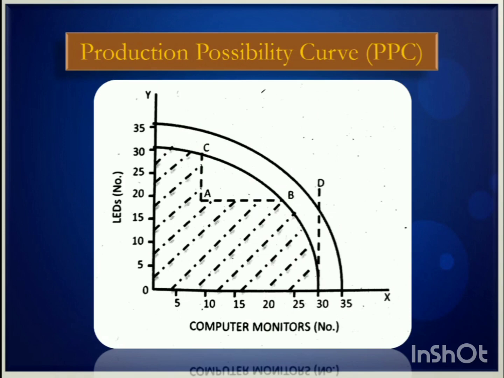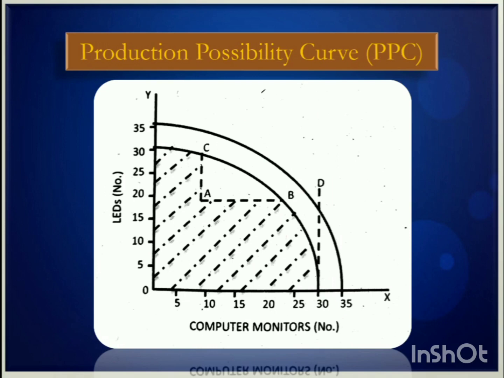In the figure, you can see the quantity of M, that is computer monitor, is measured along x-axis, and the numbers of L, that is LED, are measured along y-axis. The respective pairs of the quantities of L and M are plotted and joined with each other to yield a curve which is called the production possibility curve.